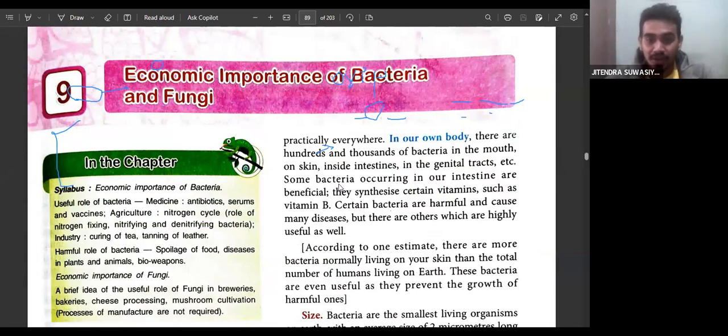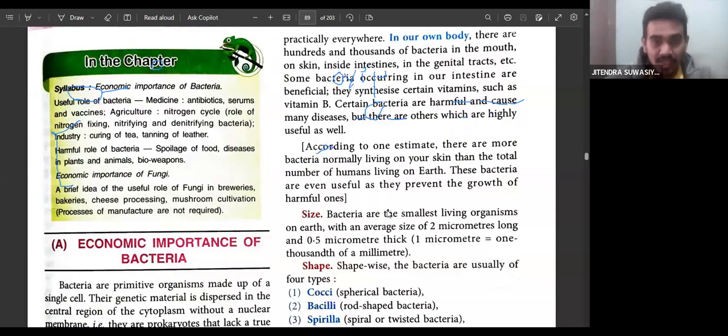Some of the bacteria occurring in our intestine are beneficial and some are not. To synthesize certain vitamins such as vitamin B, we need some bacteria. Certain bacteria are harmful and cause many diseases, but there are others which are highly useful as well. According to one estimate, there are more bacteria normally living on your skin than the total number of humans living on Earth.